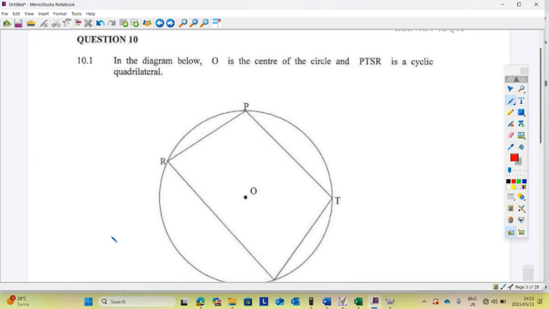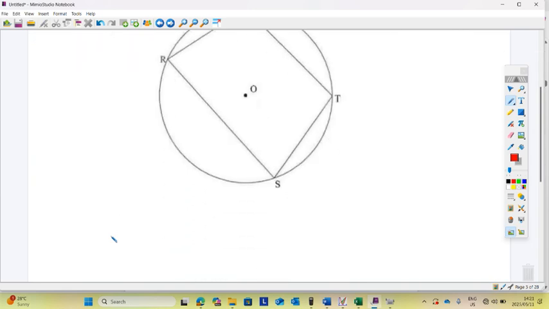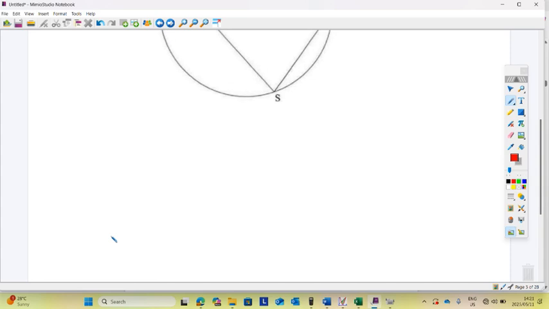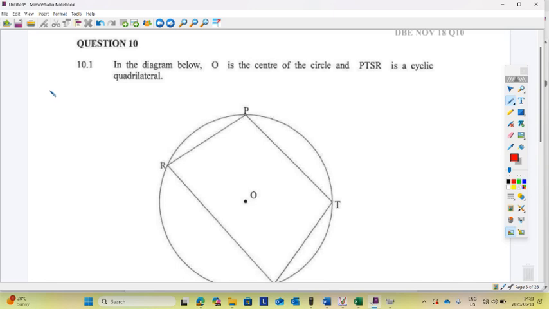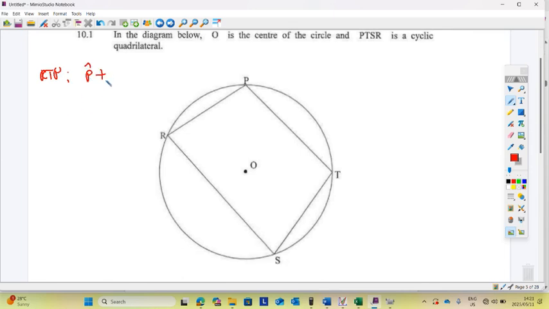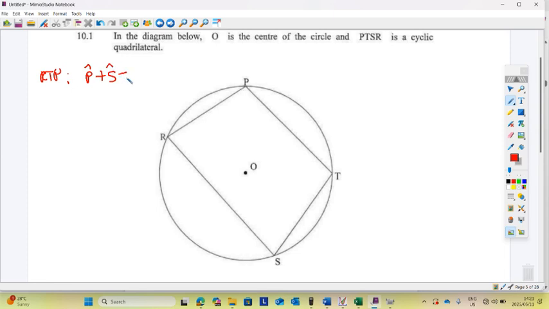Question number 10. This one should not be difficult. It's one of the proofs. This is 5 marks there. We are required to prove the fact that P plus S is equal to 180, or R plus T is equal to 180 degrees.